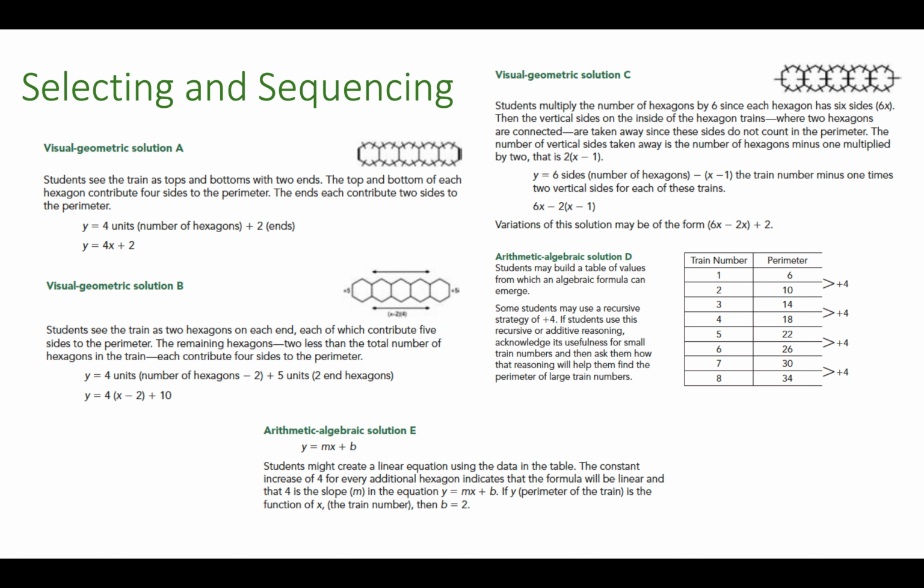So if we think about, those are the solutions there again. If I think about my goals, so if I want to meet my goals A and B, which are that an equation describes the relationship between quantities and that linear relationships have a constant rate of change between quantities and can be written as y equals mx plus b, I need to choose at least one solution that has to focus on the equation.